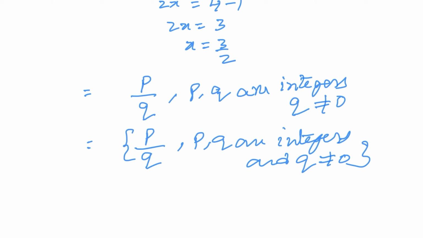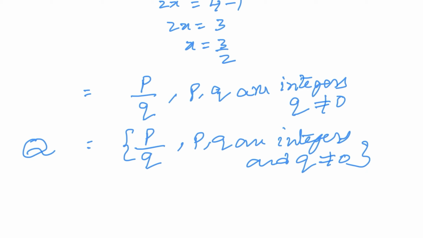They call this set of numbers rational numbers. This is called the set of rational numbers and is denoted by Q.